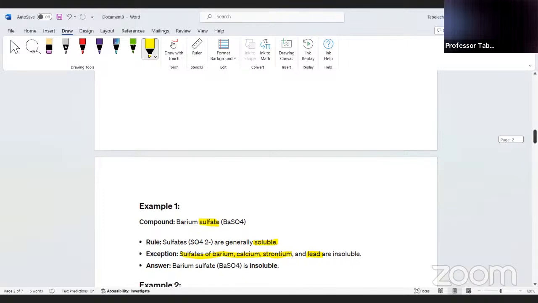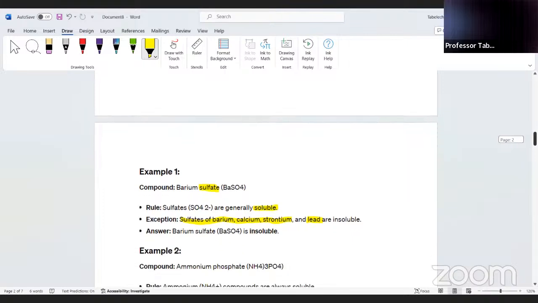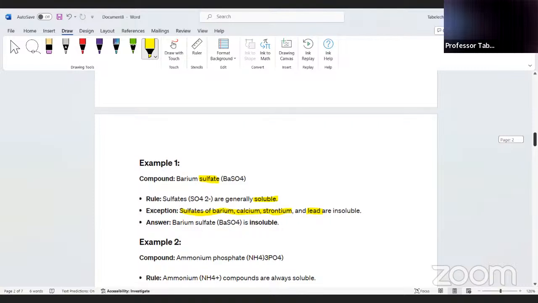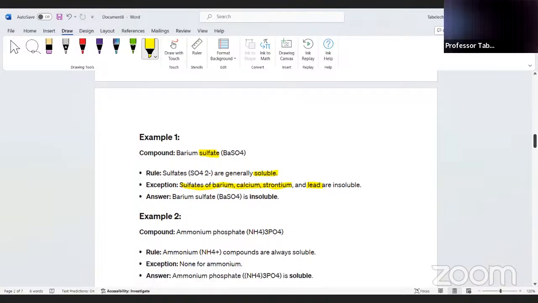Let's take a look at the next one. Ammonium phosphate. We've talked about ammonium for a minute. You've heard me reference that. So is ammonium phosphate soluble or insoluble? Ammonium compounds are always soluble. There are no exceptions for ammonium.